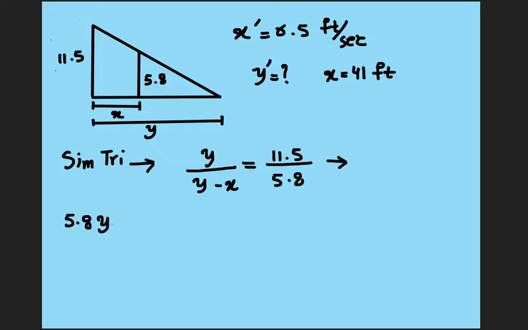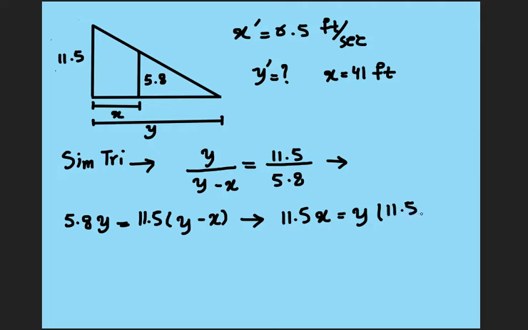I would have 5.8y equals 11.5 times (y minus x), which would give me, at the end, when I bring the x's here, 11.5x equals y times (11.5 minus 5.8).